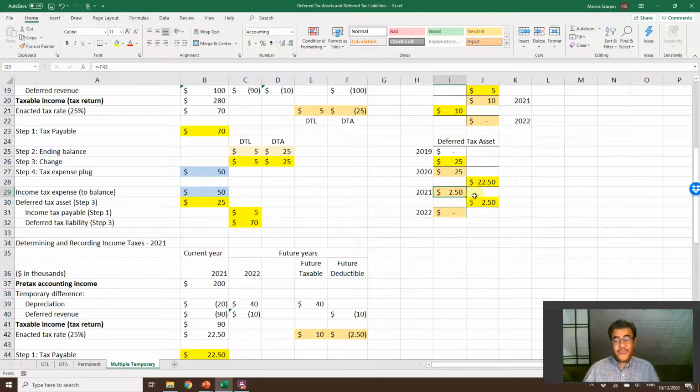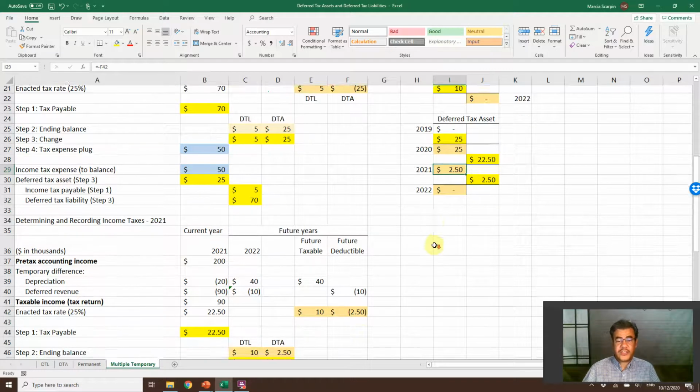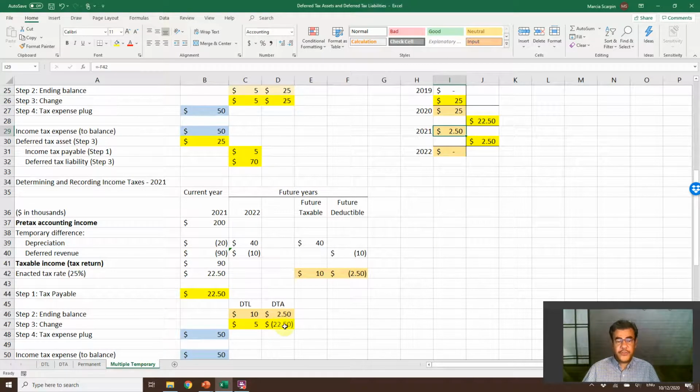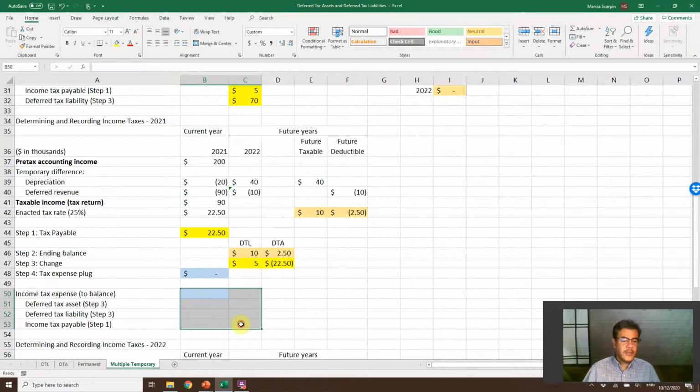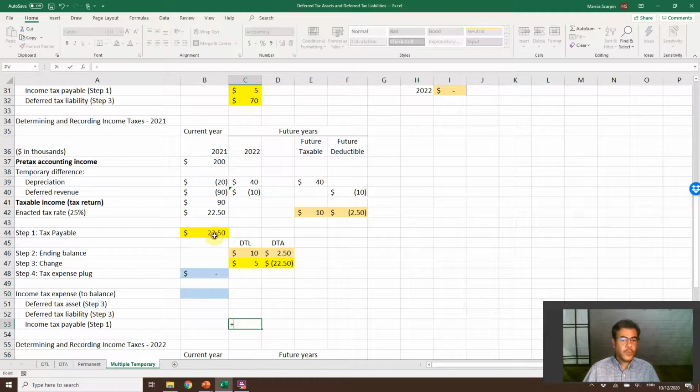Beginning balance, 25. So our change is negative 22.50. And tax payable here is also 22.50. Coincidence here, guys. So our tax expense, number to balance, income tax payable, 22.5.